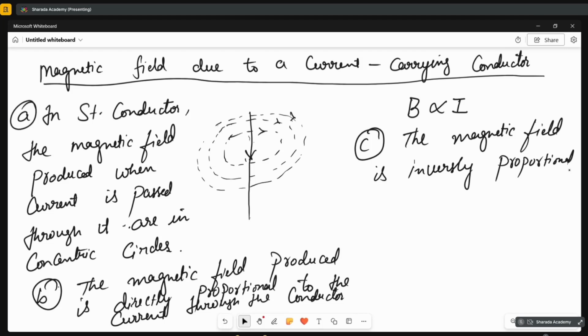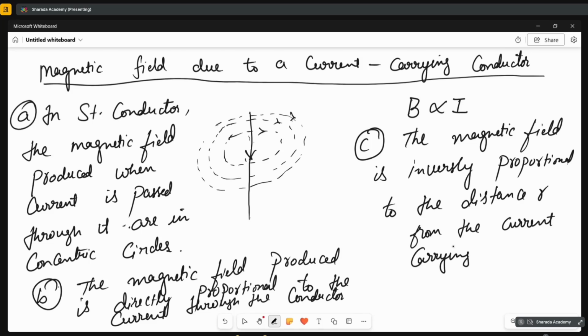The magnetic field is always indicated by the letter B and current is indicated by I. So the magnetic field is inversely proportional to the distance R from the current carrying conductor.